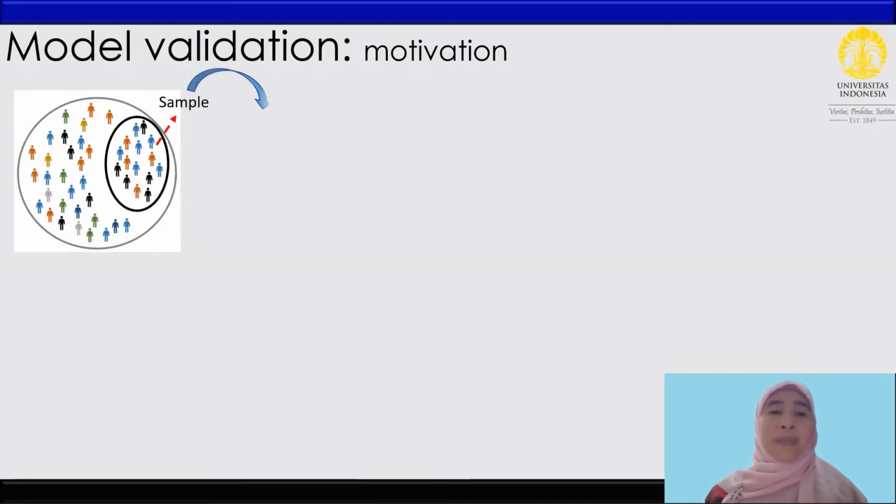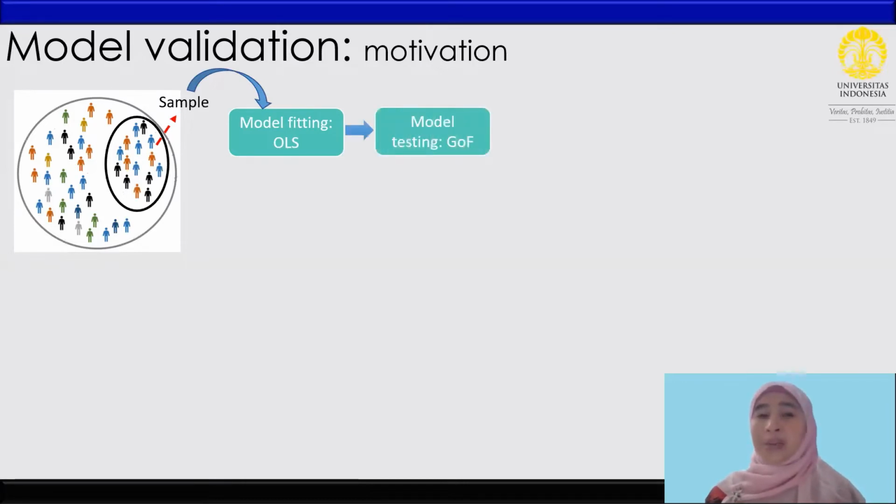usually we work on a sample to solve or to try to understand some problems, for example, and then from the data that we have in the sample, we do model fitting using the ordinary least square in this example. And after we get the model fitting, we do the testing of the goodness of fit of the model.